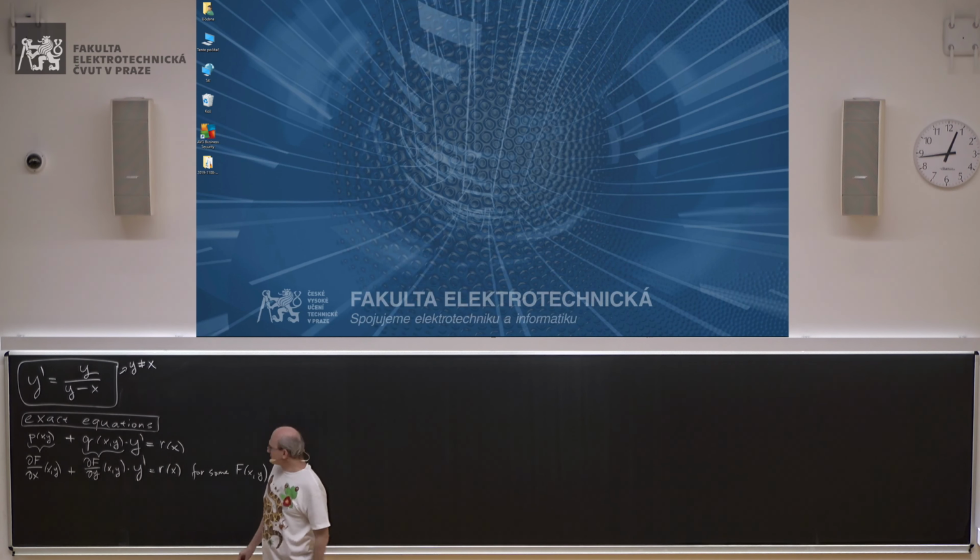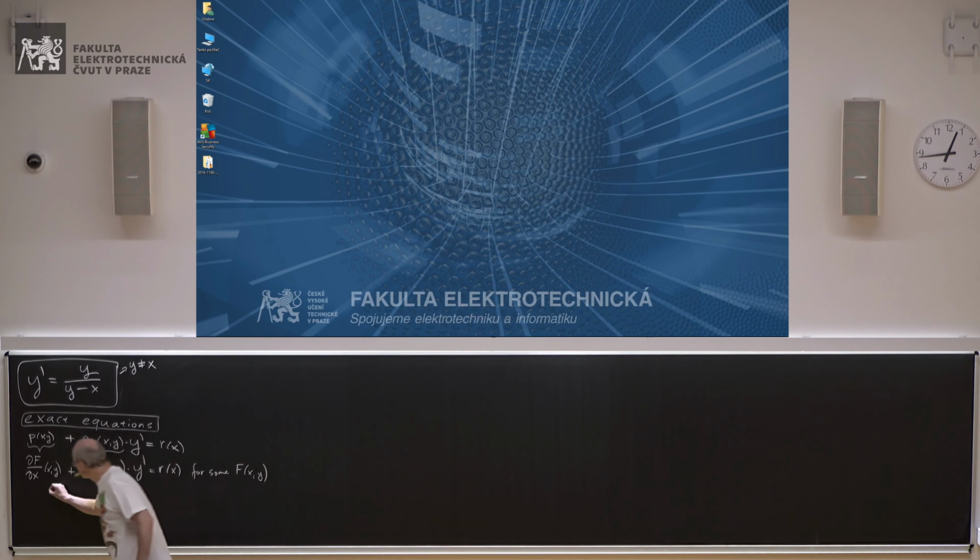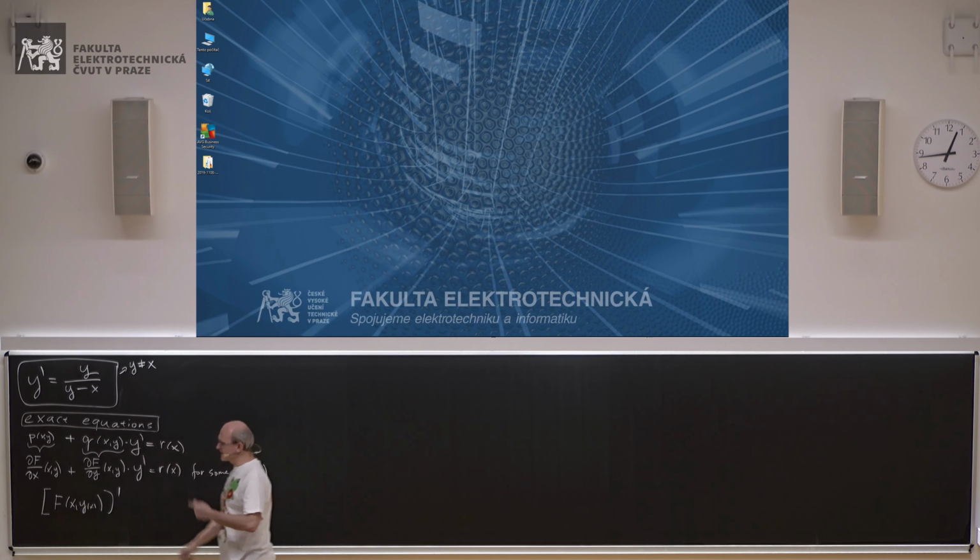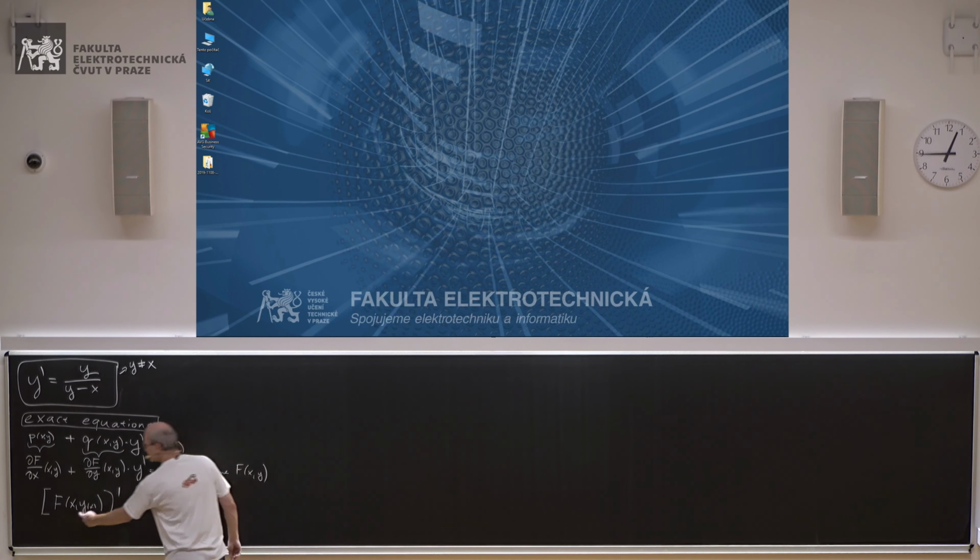Why is it useful? Well, notice the following. This is in fact a function of x, because y is depending on x. When I write F(x, y(x)) and take the derivative by x, how does it work? Well, there are two sources of x. So by the chain rule for partial derivatives, I differentiate by x, or I differentiate by y and multiply it by the derivative of the inside function, which is y prime.